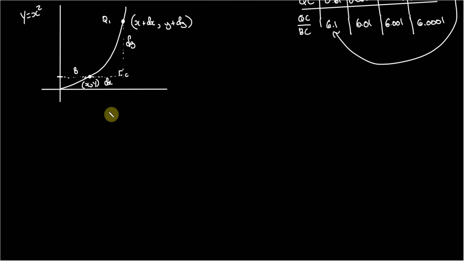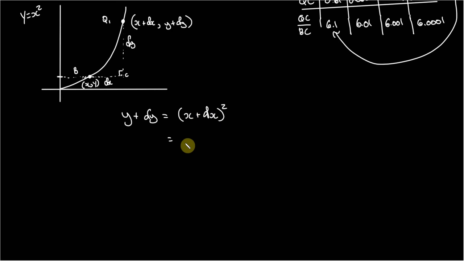We can write that, as I just explained, y plus delta y equals x plus delta x squared, right? And what can we do now? We can expand this x plus delta x squared.